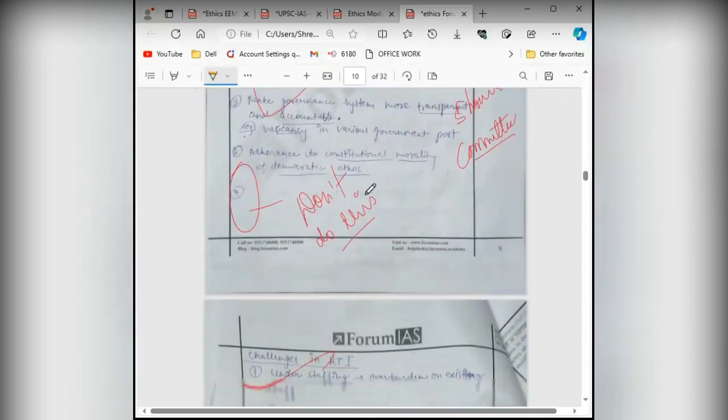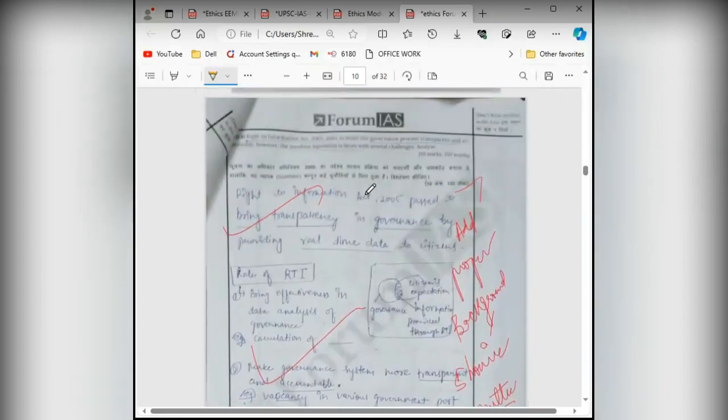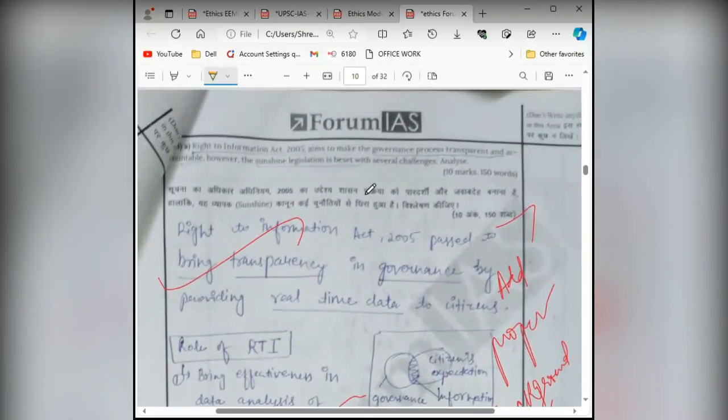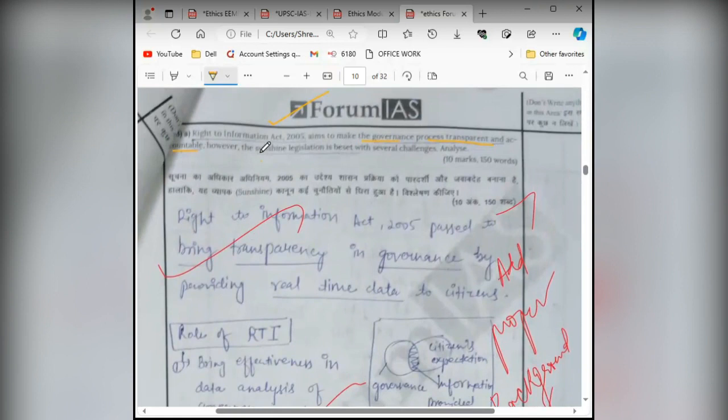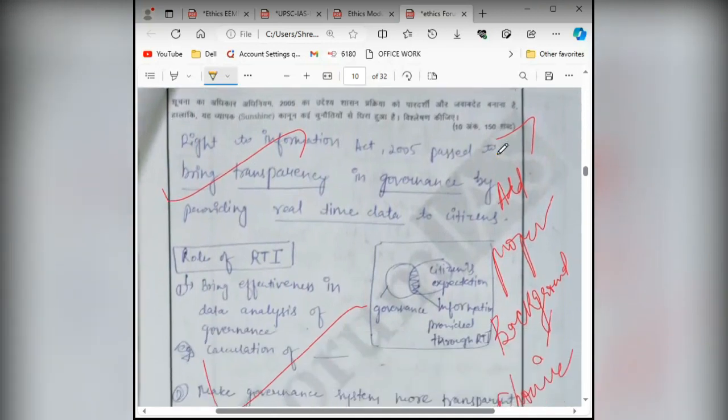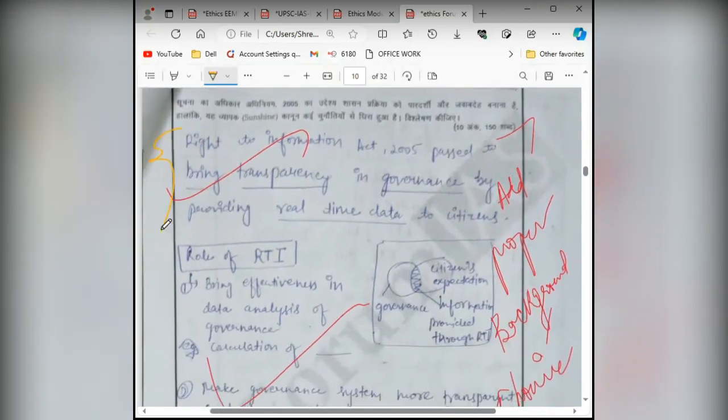Right to Information. For example, this question: the Right to Information Act 2005 aims to make the governance process transparent and accountable. However, this sunshine legislation is beset with several challenges. Whenever you are writing any introduction, try to add some more things.